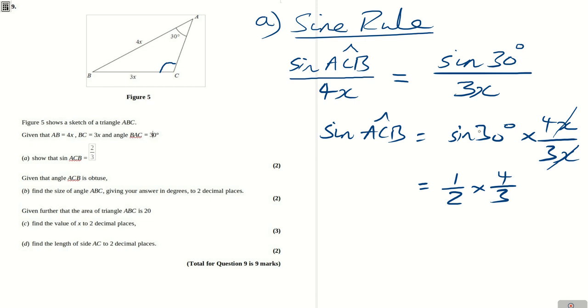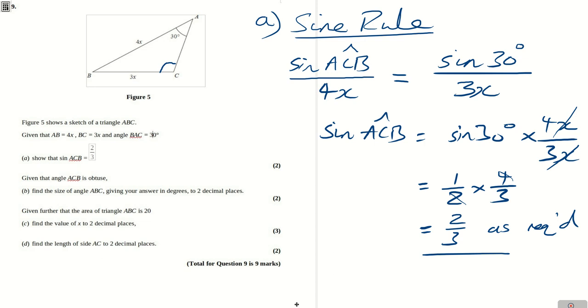It's the same as the cos of 60. Remember that the sine of an angle is the same as the cos of 90 minus that angle. Anyway, that's another topic. So 1/2 times 4/3, obviously the 2 cancels with the 4 there, and we end up with 2/3 as required.